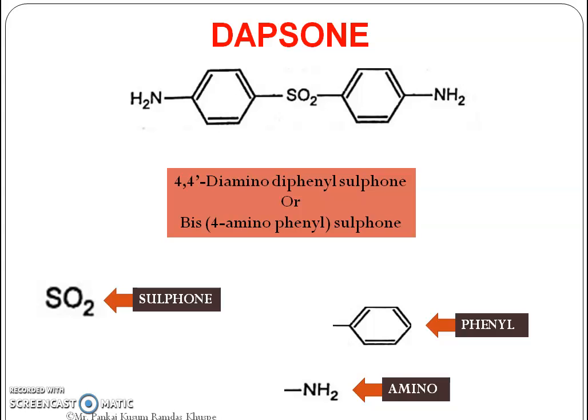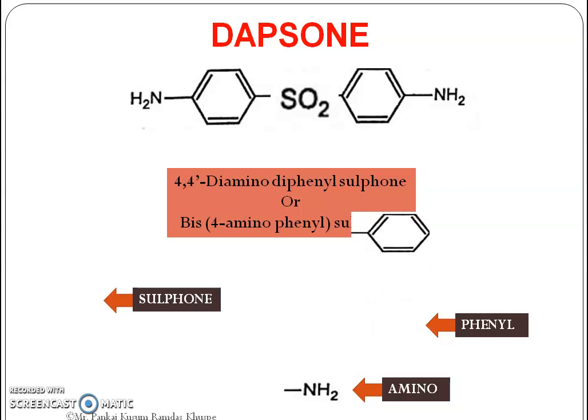Why do we call it this way, or how do we give the name to this particular compound? Let us understand how we give this IUPAC or chemical name to dapsone. First, it consists of the basic group SO2, that is sulfone, which we consider as the suffix. On this sulfone group there are two phenyl groups, one at the left and one at the right.